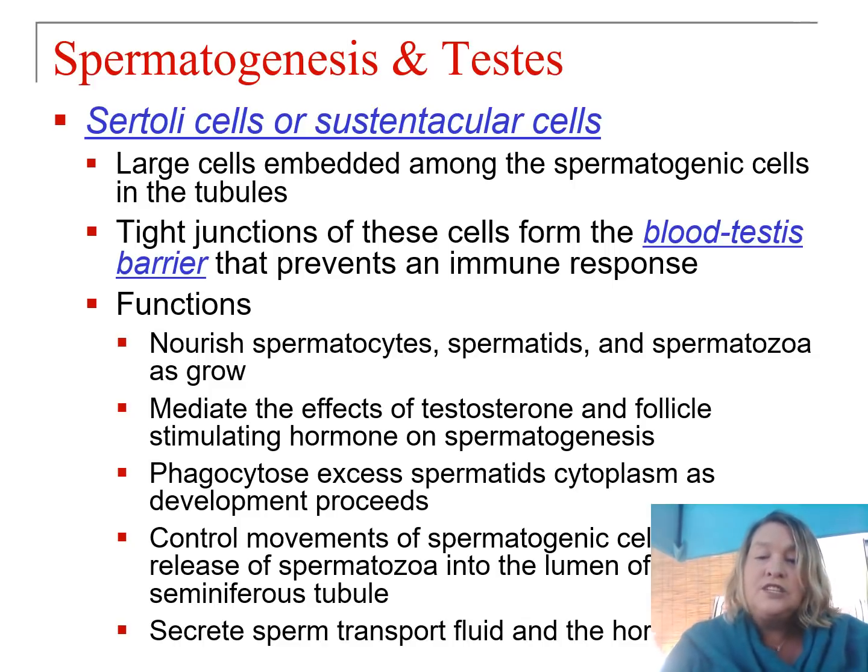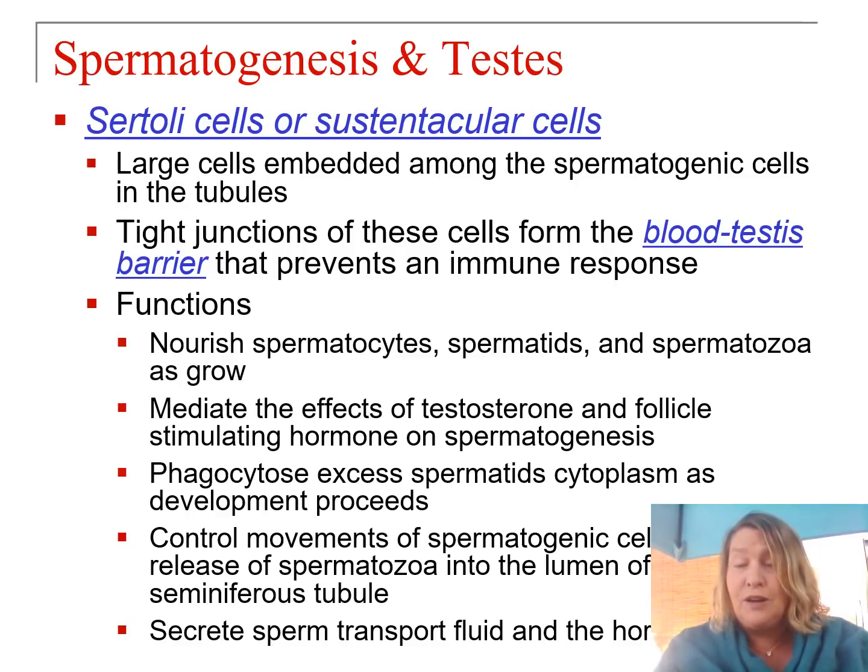Okay, so let's start our conversation about how sperm is made. To do that, we have to talk about a couple of cells that are located in the testes. The first one is called the Sertoli cell. The official name is sustentacular cell, and you can call it either.